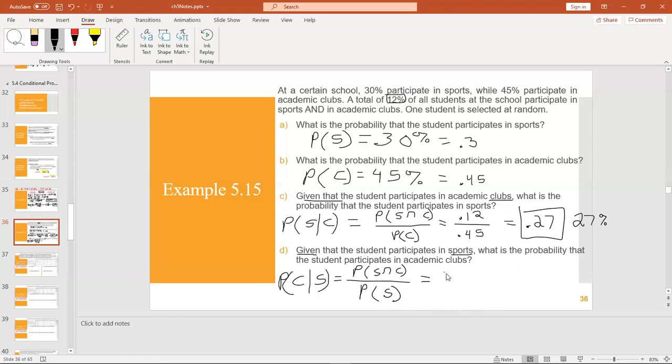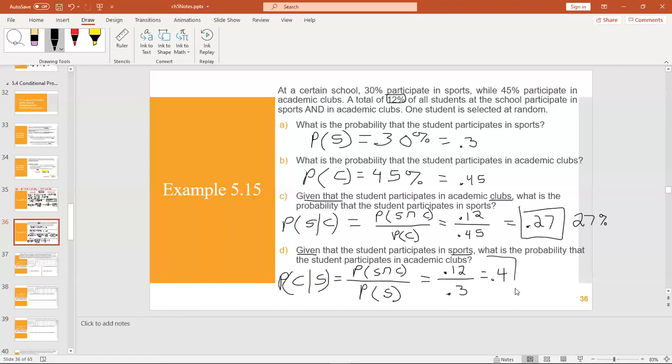As before, we know what the probability of the two together is. That's 0.12. You're going to divide that by the probability of sports. The probability of sports is 0.3. So then let's see what 0.12 divided by 0.3 is. That is equal to 0.4.